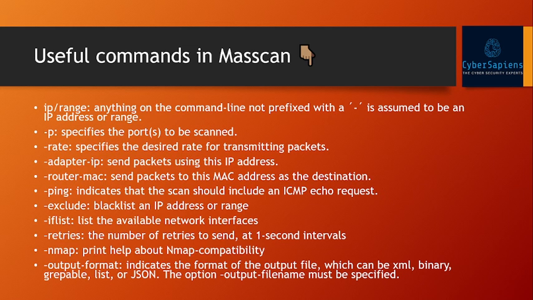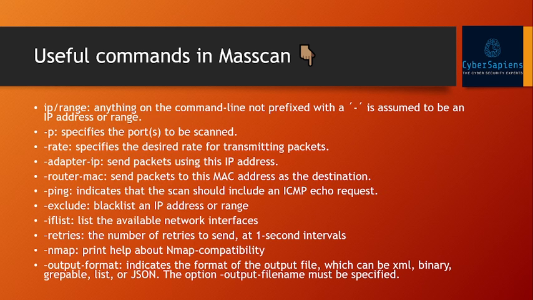Exclude IP: suppose we are scanning a particular host, but we want to exclude some specific IP or network, this can also be done using Masscan. Then retries, the number of retries sent at 1 second intervals. Then hyphen nmap prints help about Nmap compatibilities.